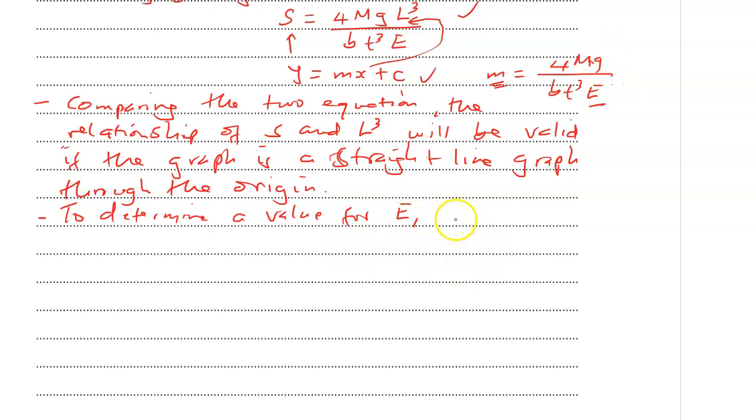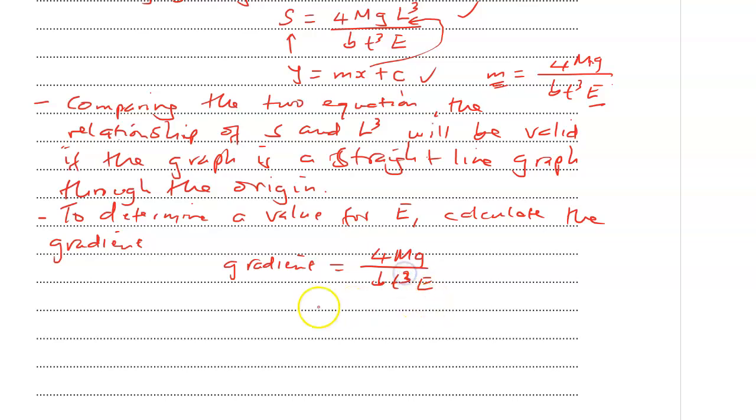So calculate for a value for E, calculate the gradient. So the gradient is what you have written here, and therefore gradient is equals to 4mg over BT cubed E. Therefore, make E subject.